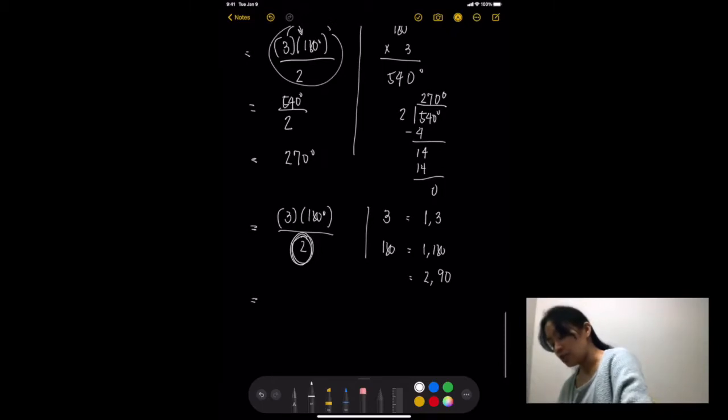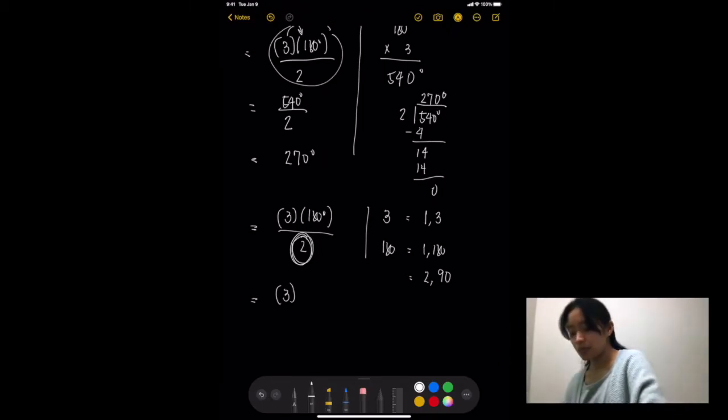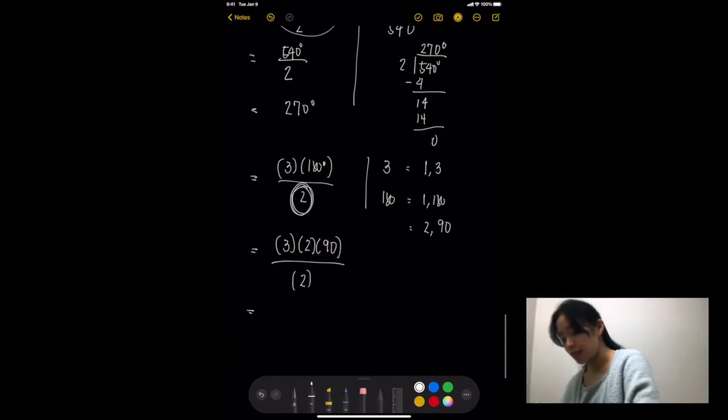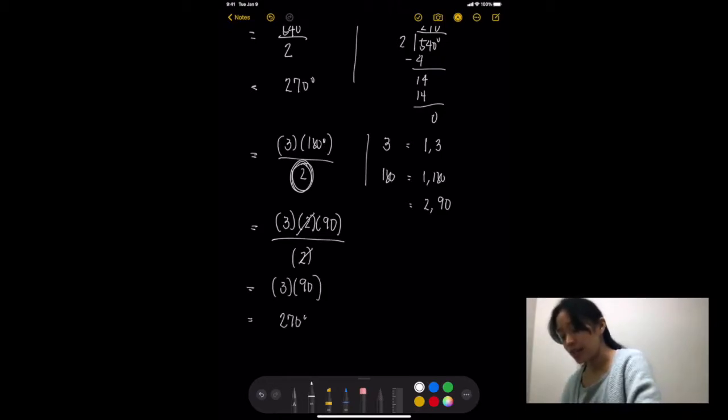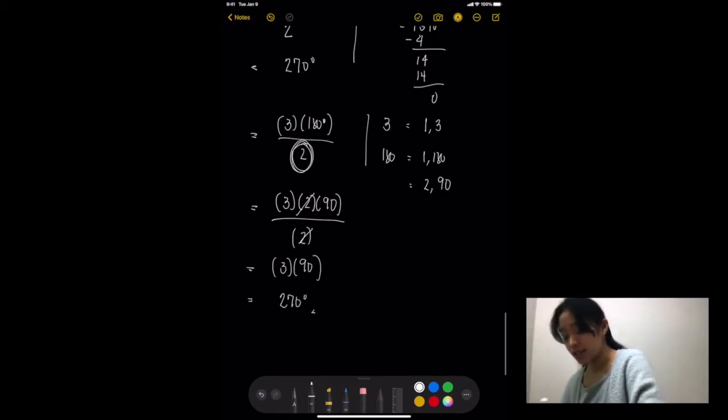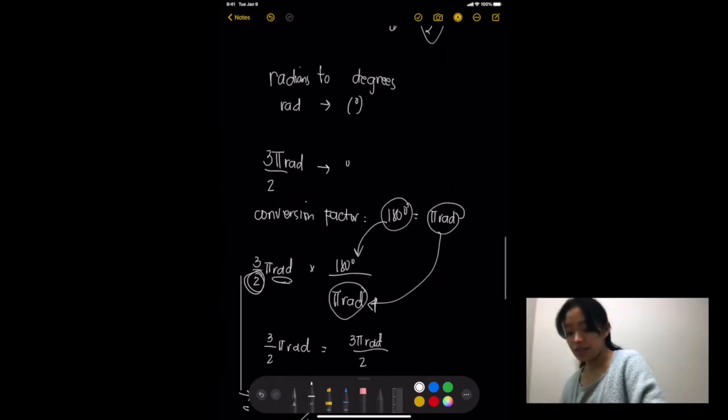It could also be 2 times 90. So let's try to simplify. So 3 and 180 expressed with a factor of 2 is just 3 times 2 times 90 divided by 2. And I can simply look at the equation and I know that I can just cancel out 2 in both numerator and denominator. So I'm left with 3 times 90, which is just 270 degrees.